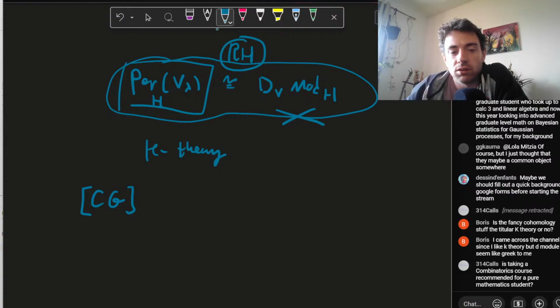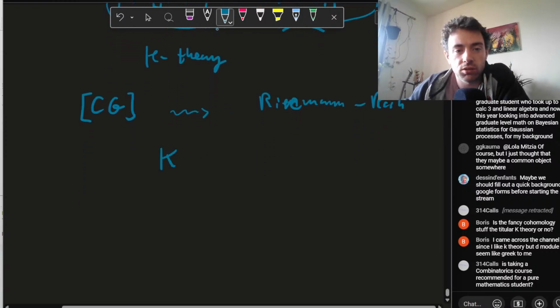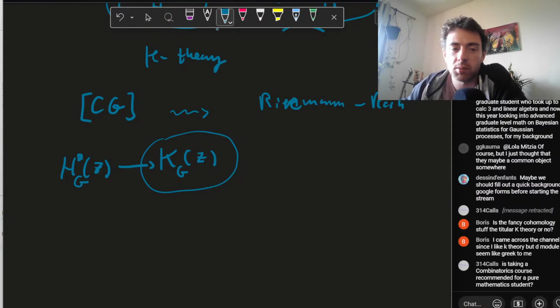And they use an approach where they pass through some sort of equivariant Riemann-Roch type theorem, and they deal with this variety and this group acting on it, and they deal with this equivariant K-theory ring, and then they have some comparison map from cohomology or equivariant cohomology to this K-theory ring. So somewhere lurking in the background, it does pop up, but I don't know much about that.